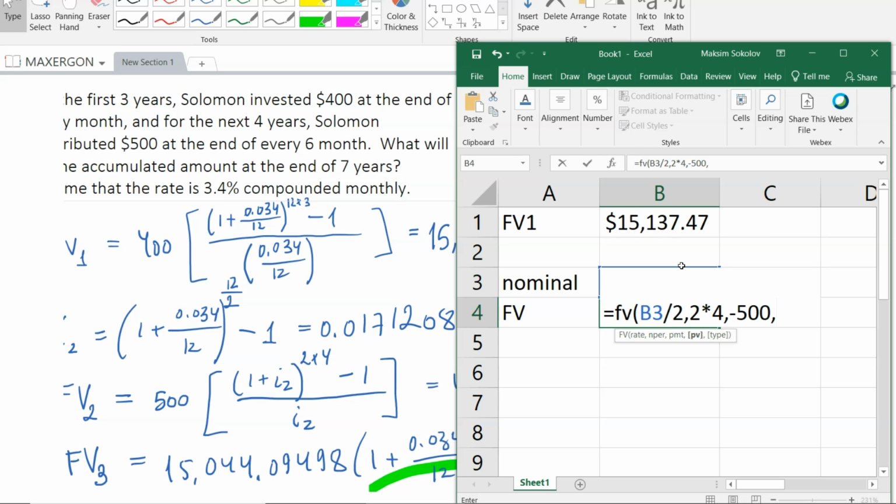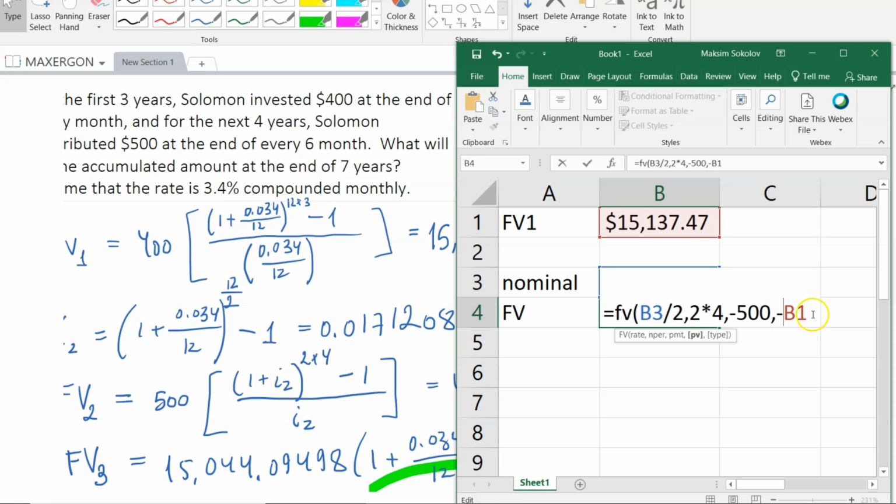Usually when finding future value of annuity, we'll leave present value as 0. However, in this case, we actually have present value, and that is B1. We'll also make it negative to make sure that the ultimate future value we'll obtain will be positive. So we have payments, $500 at the end of every 6 months, but in addition, we also have that future value 1 amount available to us at the beginning of the growth of the second annuity.